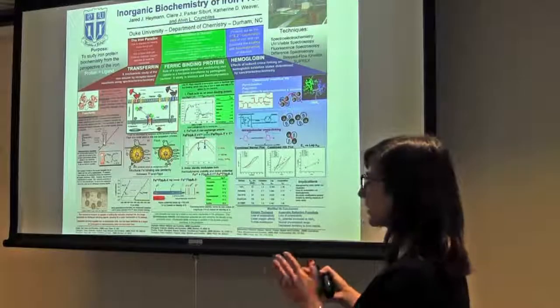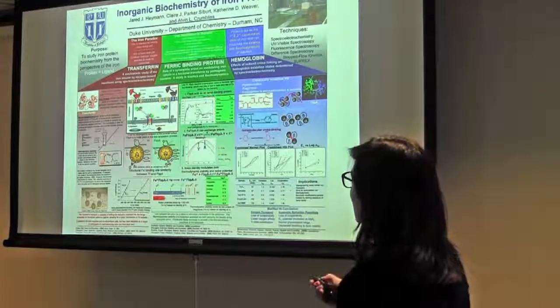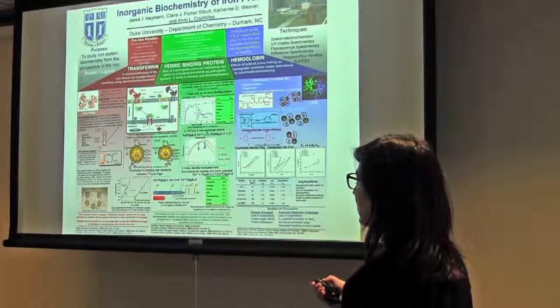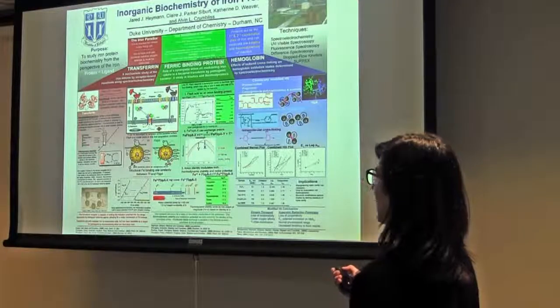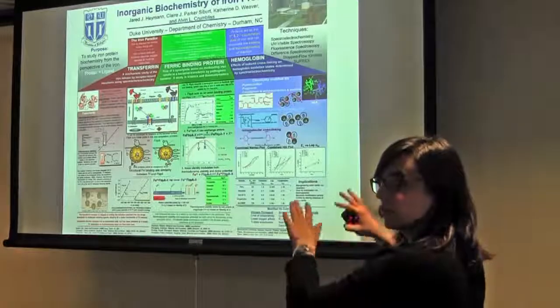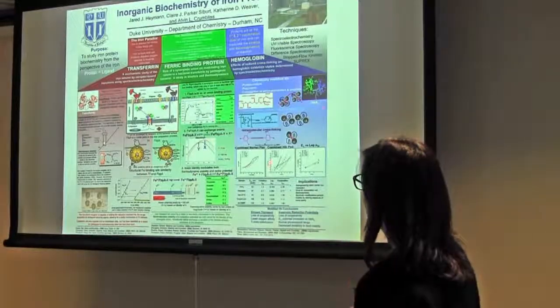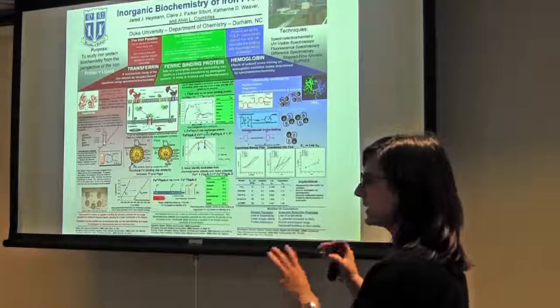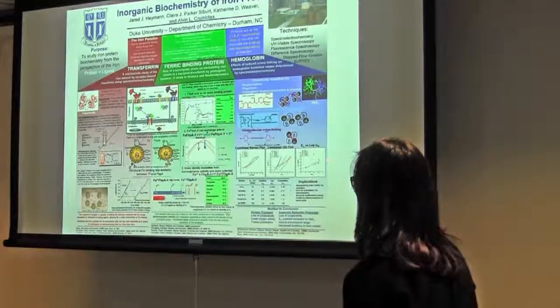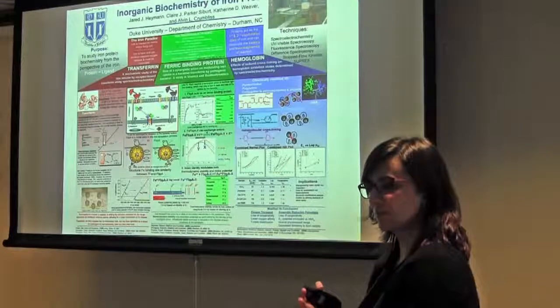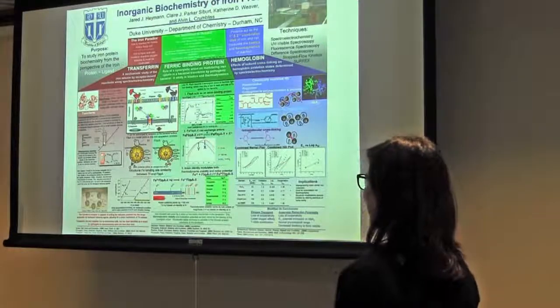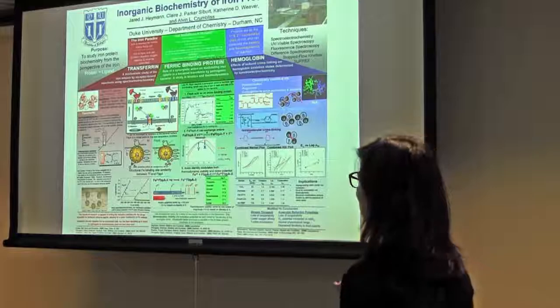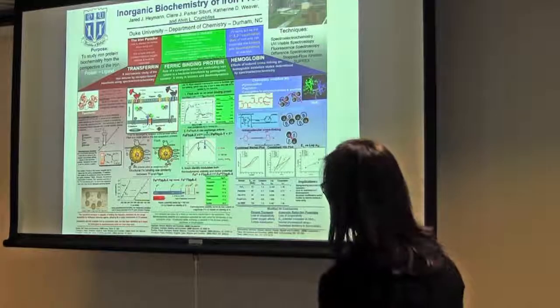They are using the colors, I guess, to explain things related to transferrin, ferric binding protein, and hemoglobin. So they have three different blocks of information, but then they're just putting some data, no results, or some results, but no explanation of them. So I think there are many points that can be improved here.